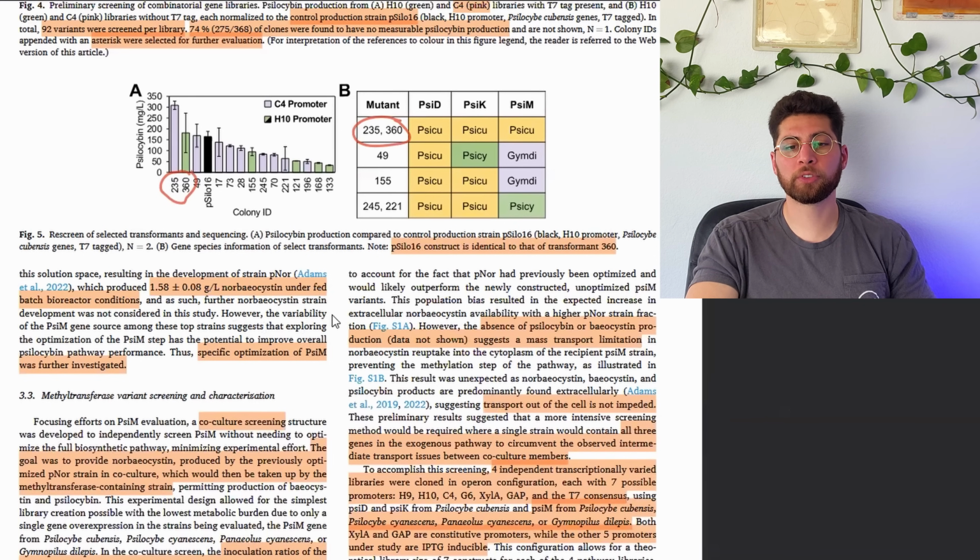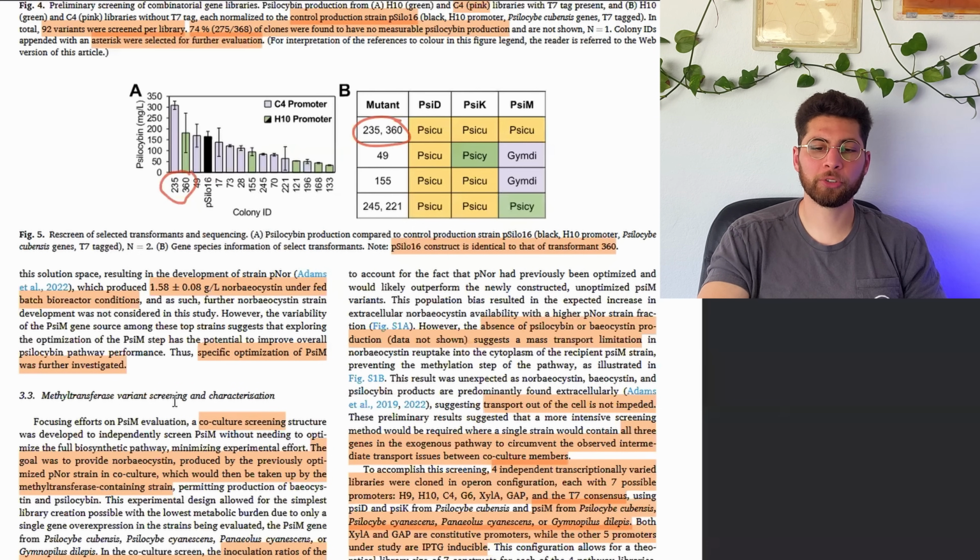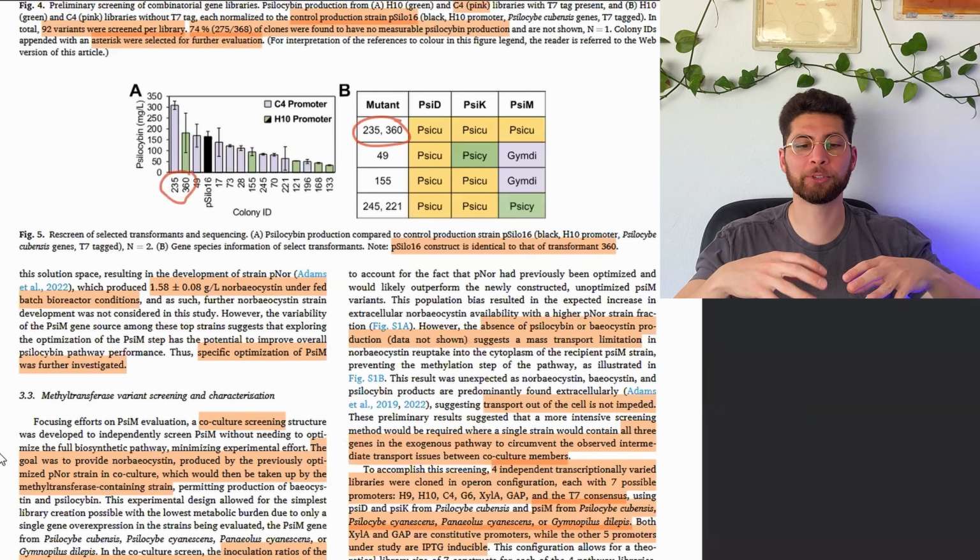Right, okay, so this was saying here that production of norbaeocystin is probably not the limiting step. It's Psi-M that's the limiting step. And so they're saying now they're going to test these methyltransferase variants, which is Psi-M is a methyltransferase. They tried doing this co-culture screening where they added 2 strains.